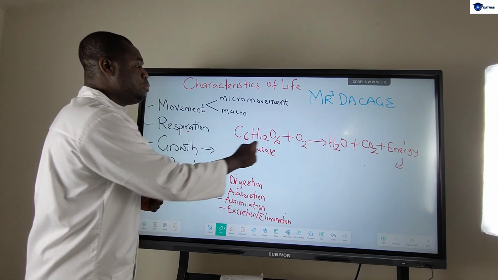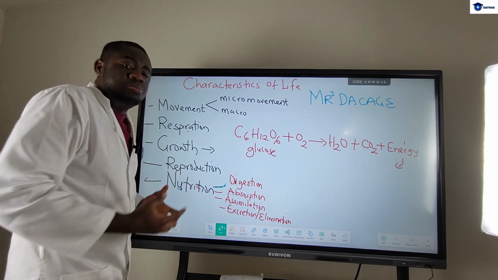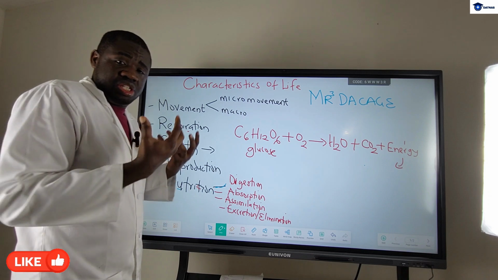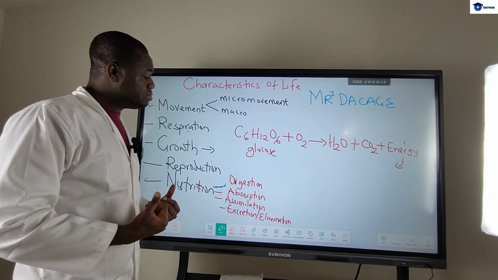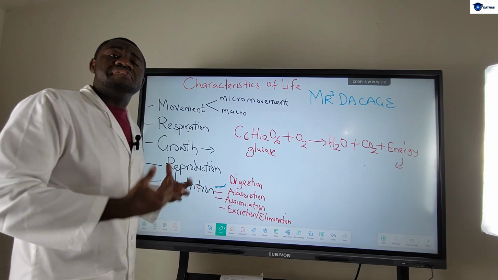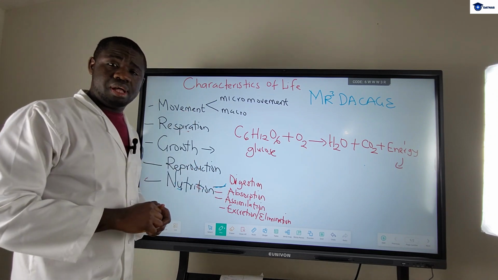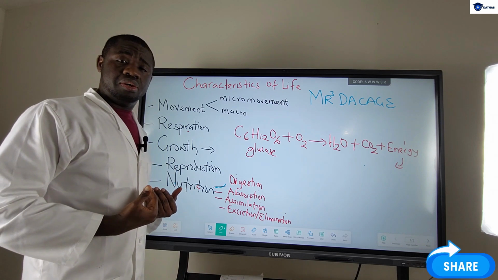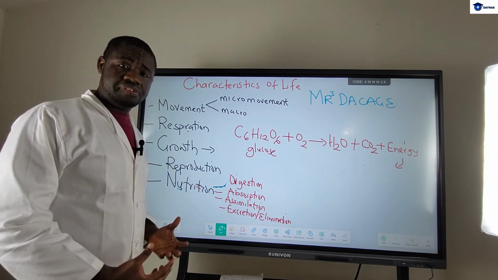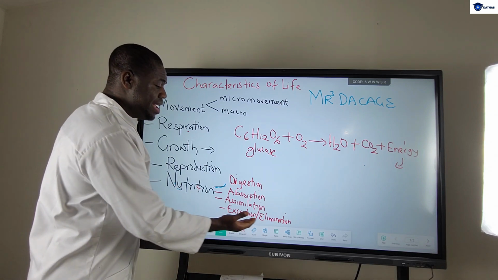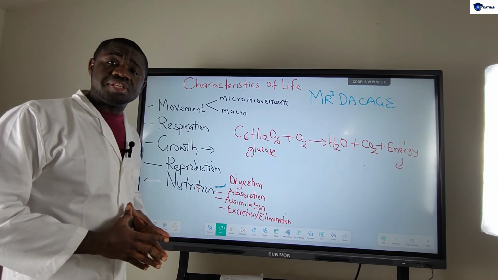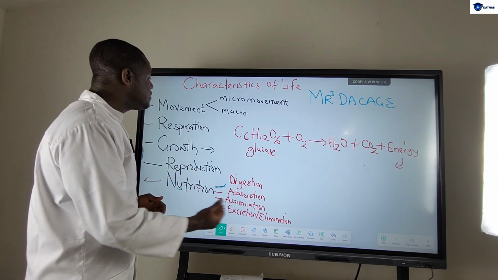We can all see how respiration, nutrition, and movement are related. Because for you to breathe in oxygen, there must be movement of the chest, up and down. And nutrition also involves movement: the swallowing of food, the peristaltic movement of food, even the elimination of undigested food as feces, all involve movement.